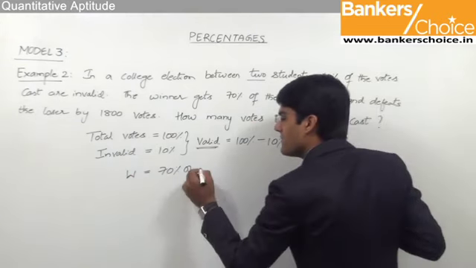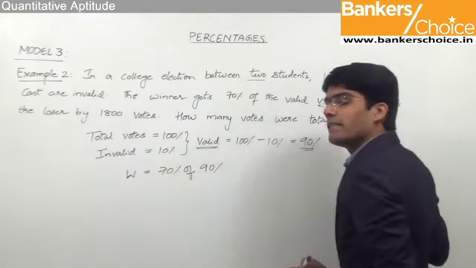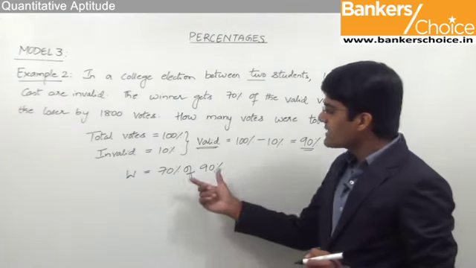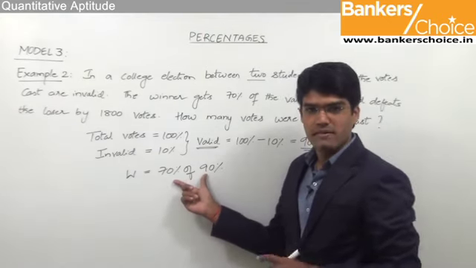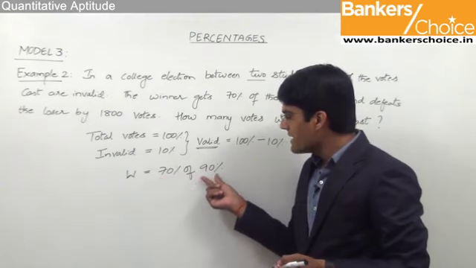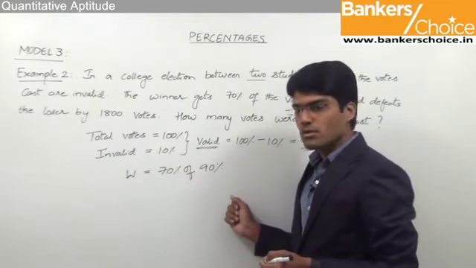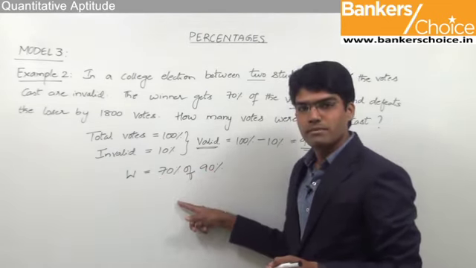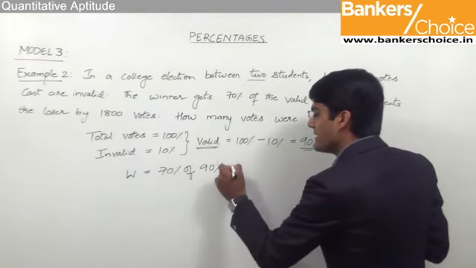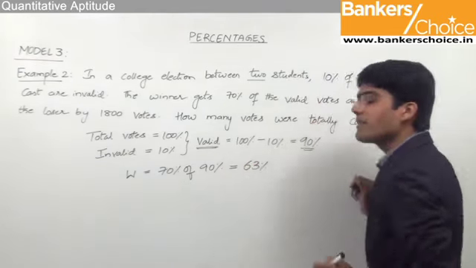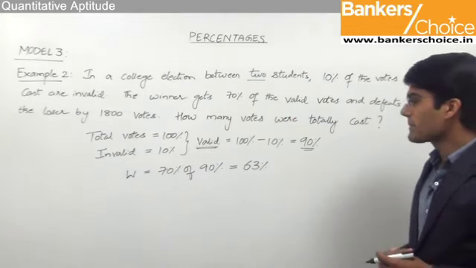So the winner has got 70% of 90%. Going by the concept of percentage of percentage that we have discussed earlier, 70% of 90% will be equal to 70 into 90 by 100%, which comes out to be 63%. So the winner has got 63% of the votes.